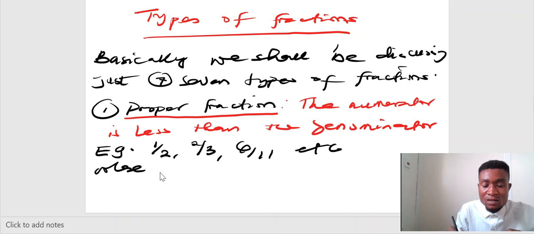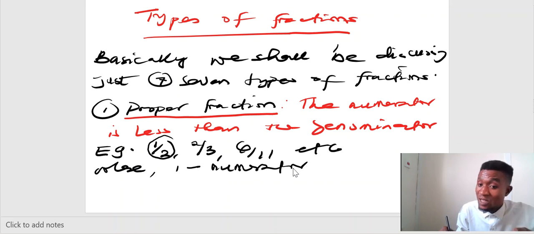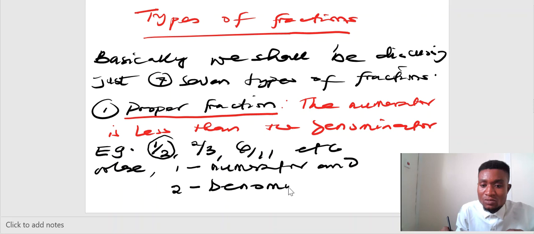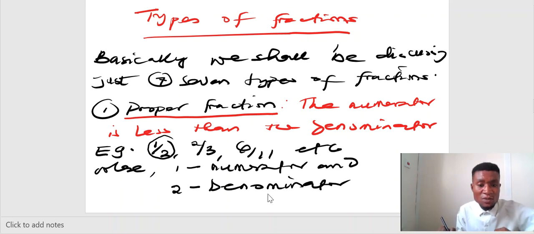Where if we pick this, we say now that 1 becomes the numerator and 2 becomes the denominator. Yes. So this is what we have for the first example.